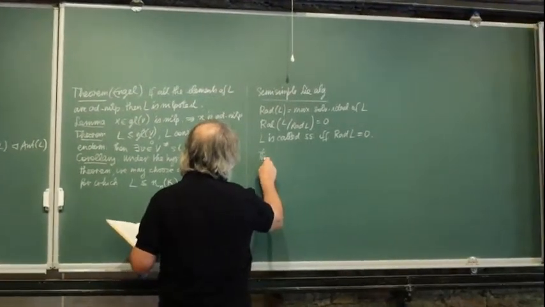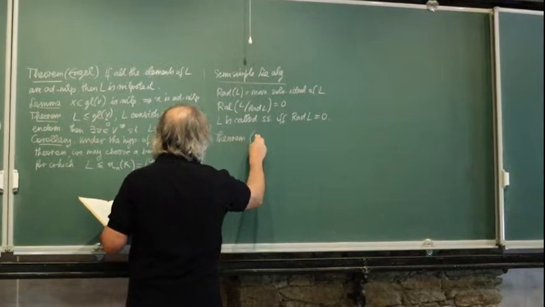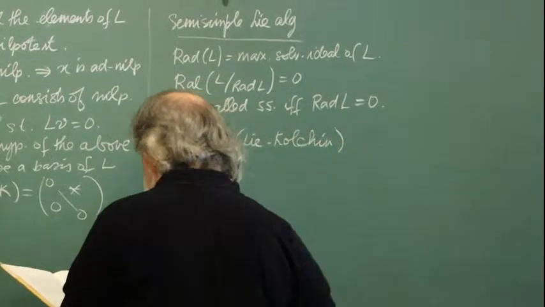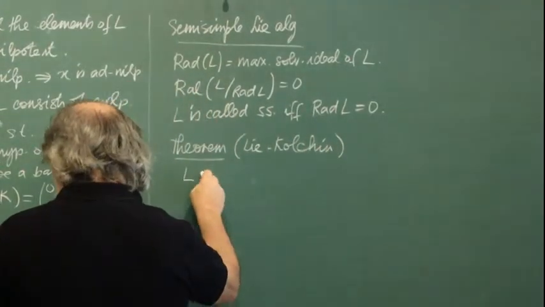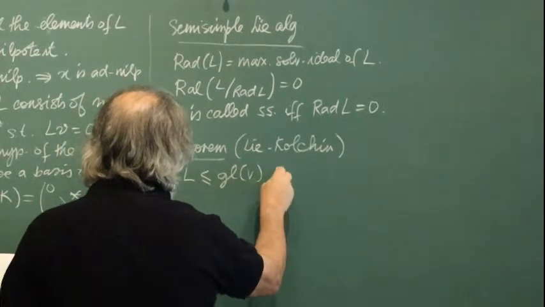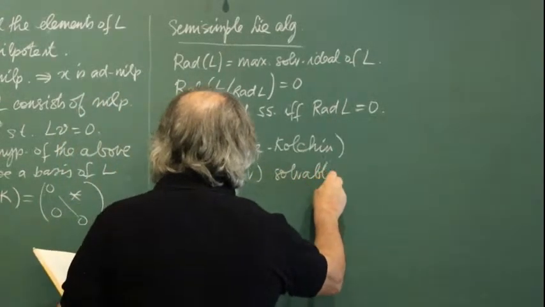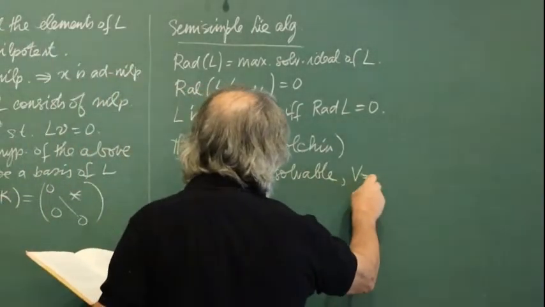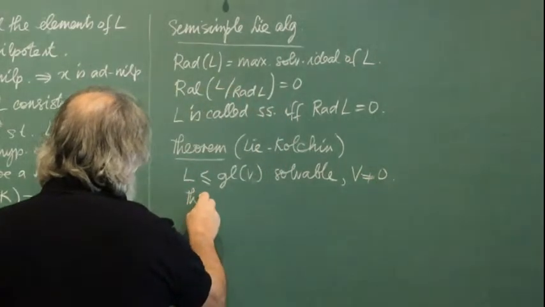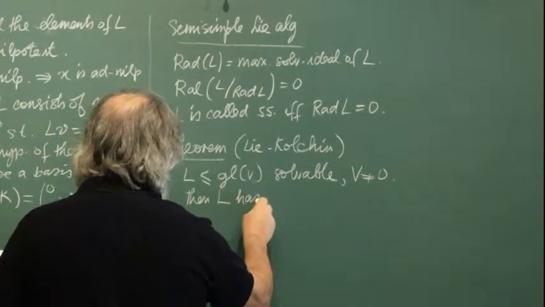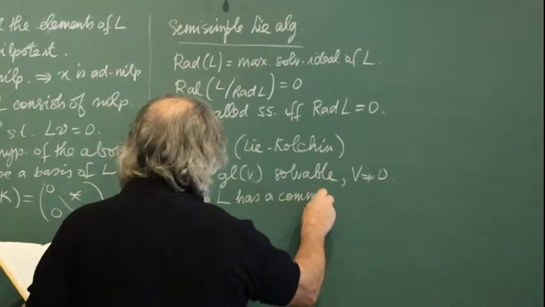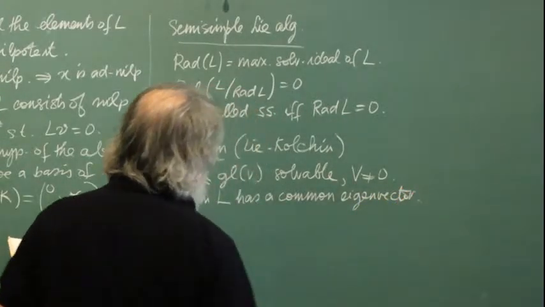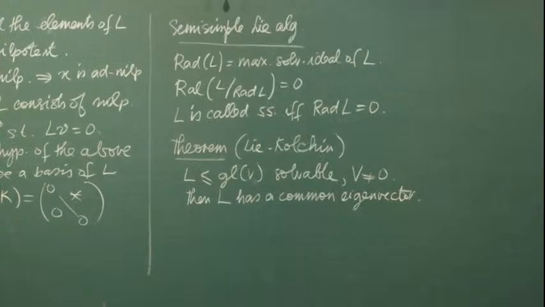Theorem, Lie-Kolchin. Let L inside GL(V) be a solvable Lie algebra, and V different from zero. Then there is a common eigenvector for L. This means that you can upper triangularize it.